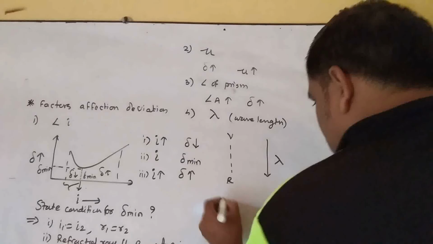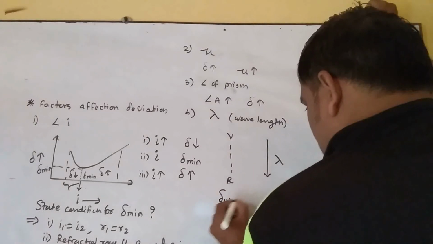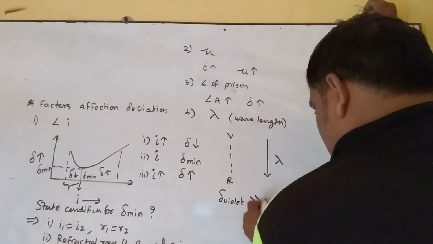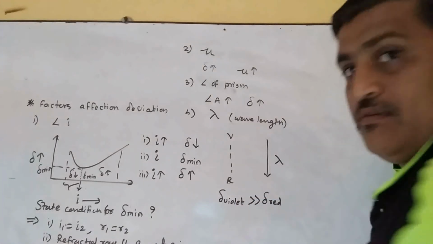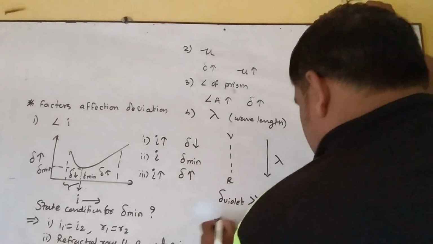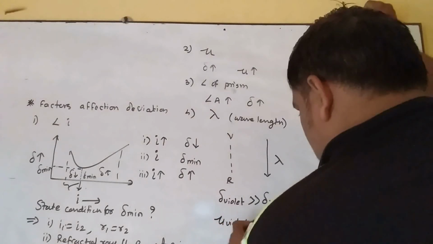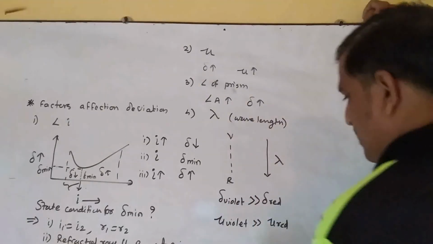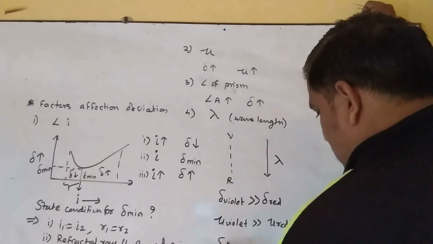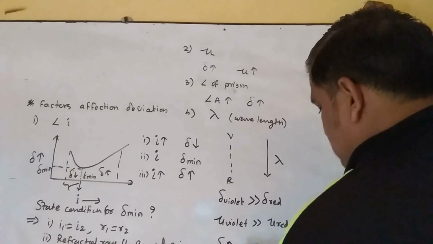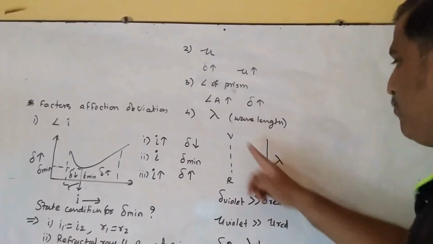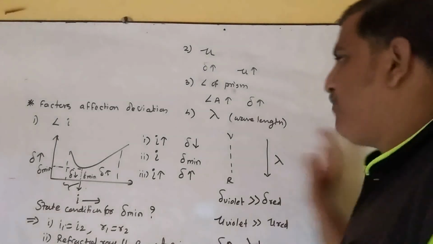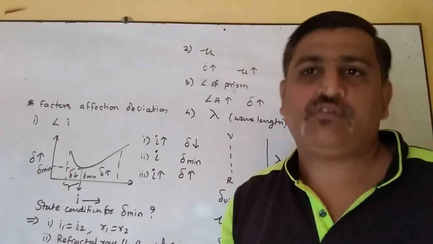Means I can say here the deviation for the violet color is much more than the deviation of red color. Also I can say the refractive index of violet color is much more than the refractive index of red color. By this discussion we can say deviation increases if lambda decreases. Here we find more deviation for the violet and lesser deviation for the red color. So these are the factors on which this deviation depends.